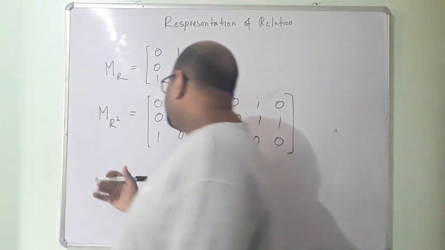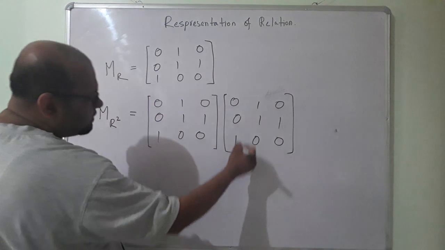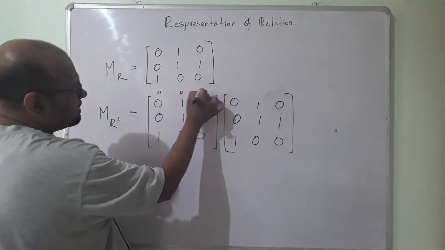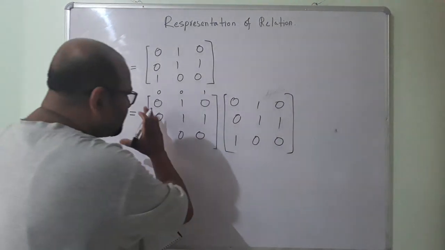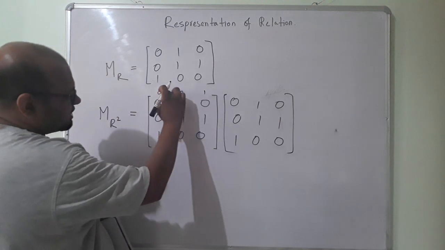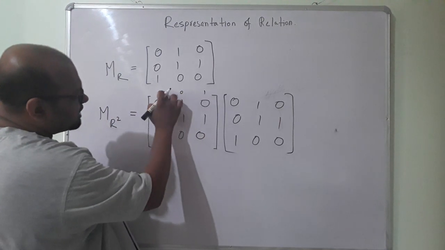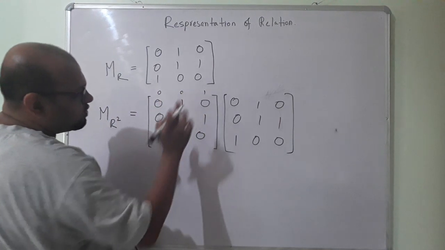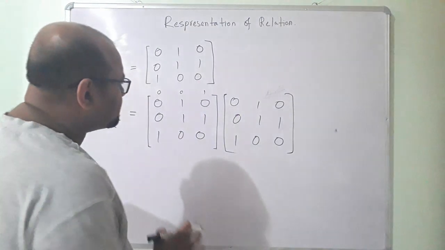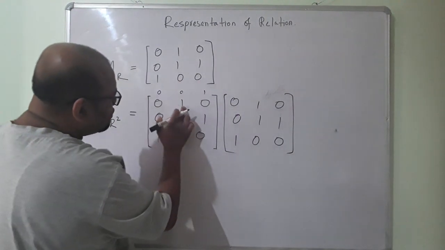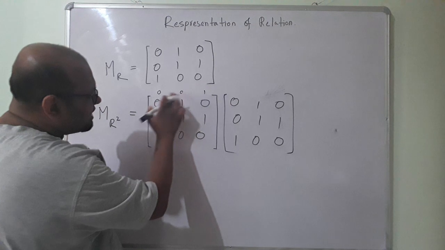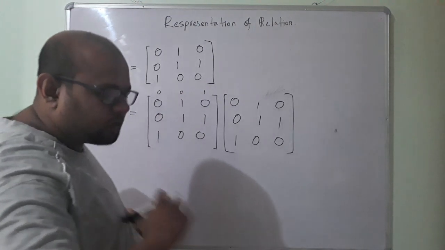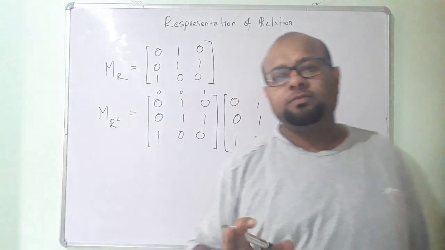Now I will take this first column 0 0 1 and do this multiplication, do this AND, right? The 0 and 0, 1 and 0, 0 and 1. So make this observation. This 0 and 1, since they are being ANDed with this 0 and 0, they will go away. They will become 0.